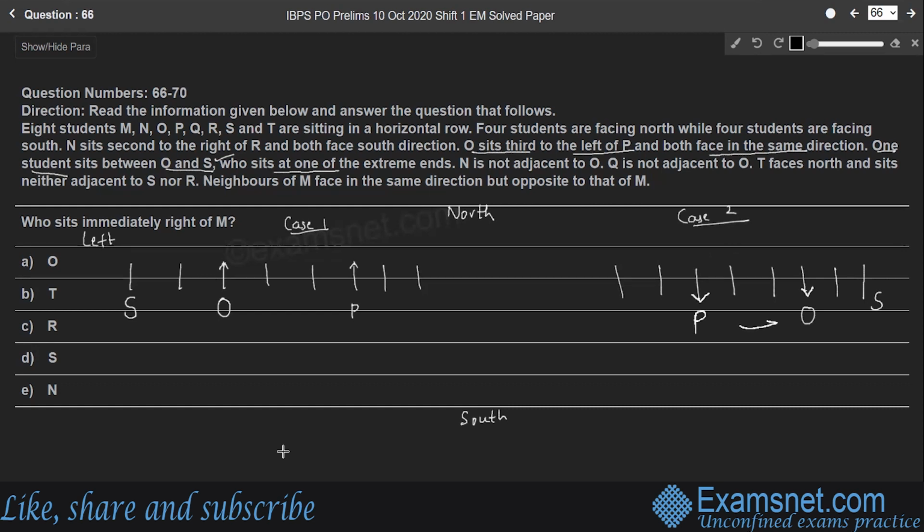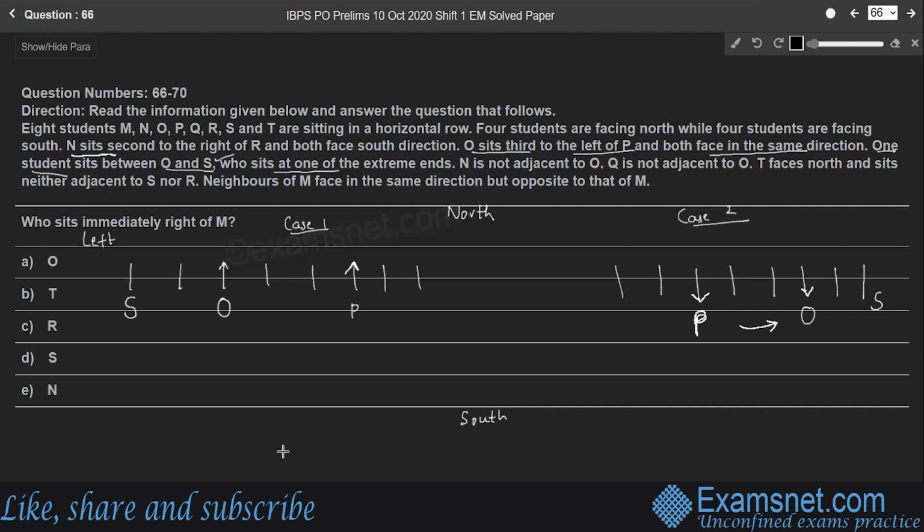Left of P becomes here, right? Therefore, in case 2, P is sitting here. In case 1, P is sitting third from the right, and here in case 2, P is sitting third from the left, right? And the next point, consider the first one.